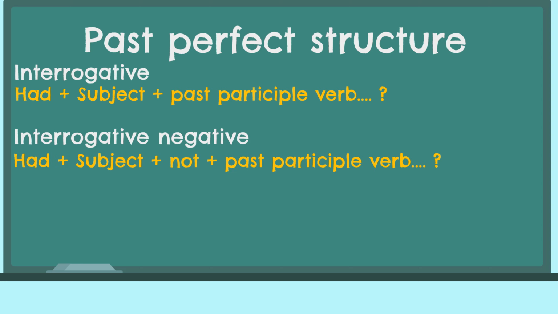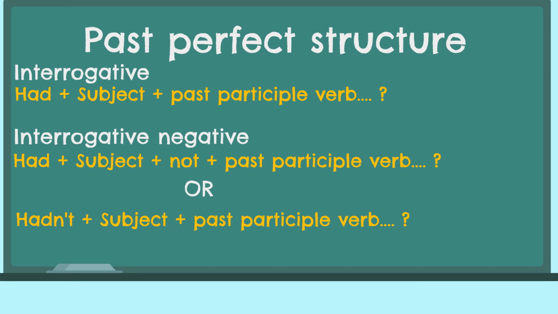Had plus the subject plus not plus the past participle verb plus the rest of the question. Or you can use the following structure. Hadn't plus the subject plus the past participle verb plus the rest of the question. This is less formal though. Now let's see some examples.